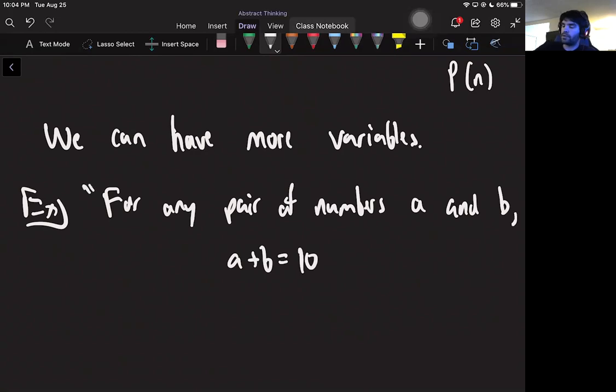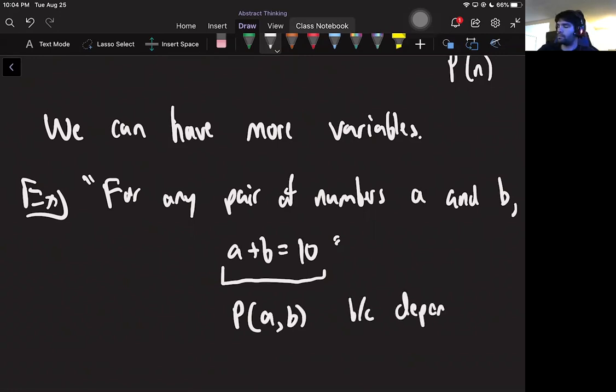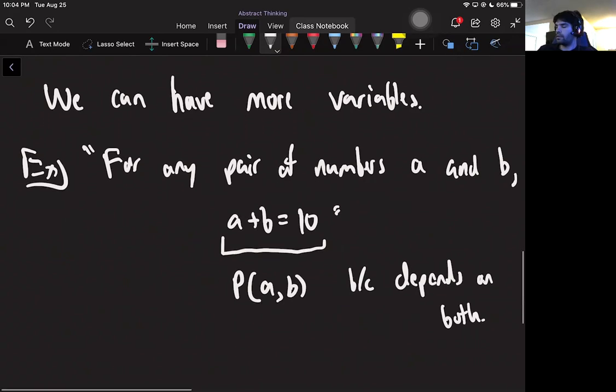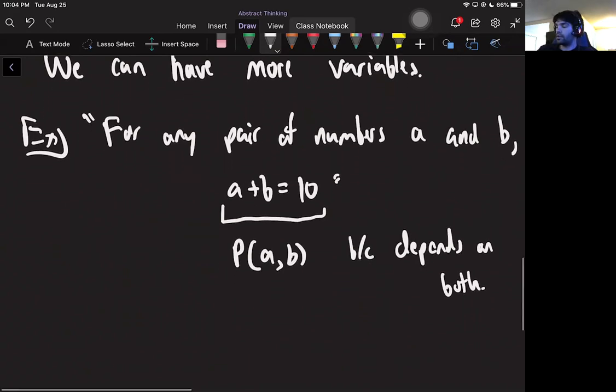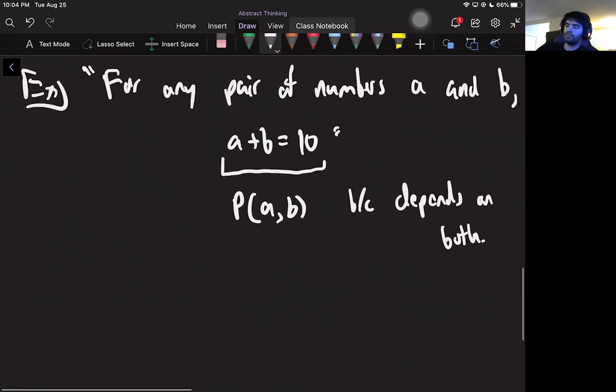This is very similar to the previous statement, except there's two variables. So this predicate here, you wouldn't just call it P of A or P of B, you would call it P of A comma B, because it depends on both. So A plus B equaling 10 could be true, could be false, depends on A and B. So that's why it's a predicate dependent on two variables instead of just one. And there's no reason that you have to stop at 2. You could have many more. So you could have predicates with more.